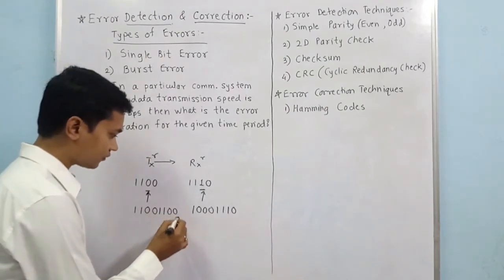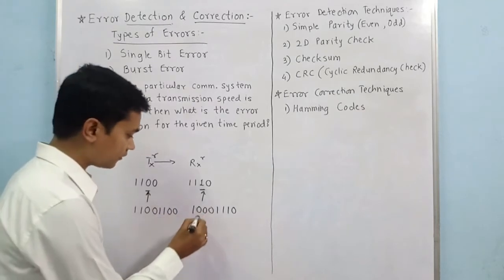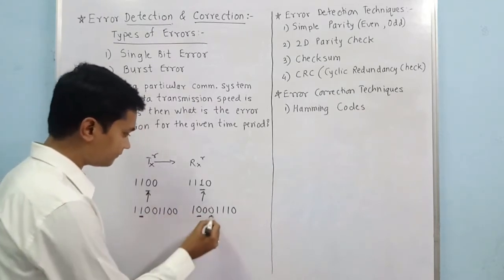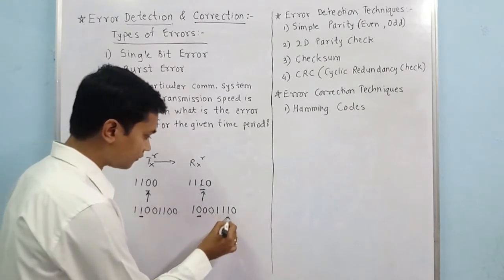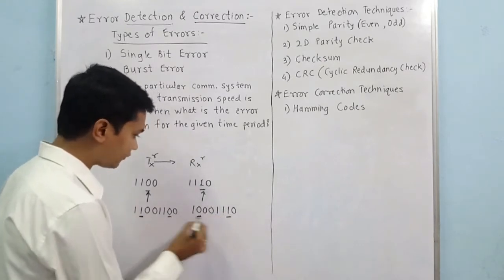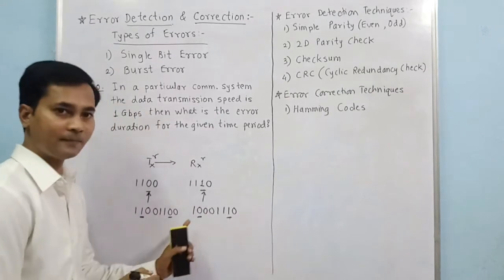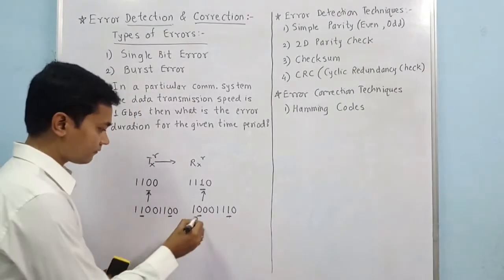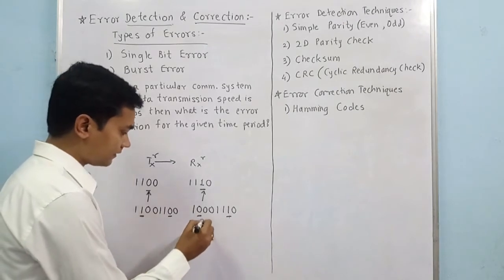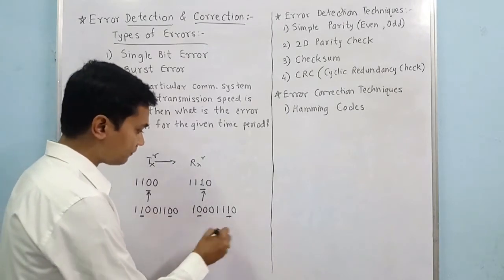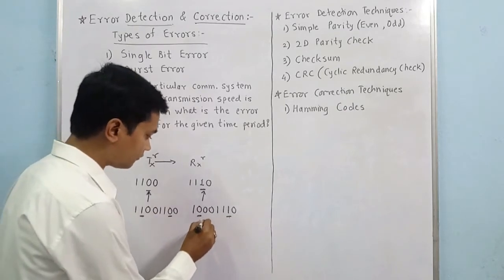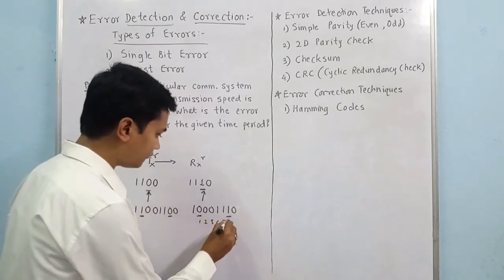1100 1100 is sent by the transmitter. Here this bit is changed to 0, right? Then in 110, this bit is also changed. Now how many bits are changed here? Only 2 bits. But if you see the total span of bits, you will find 1, 2, 3, 4, 5 and 6.